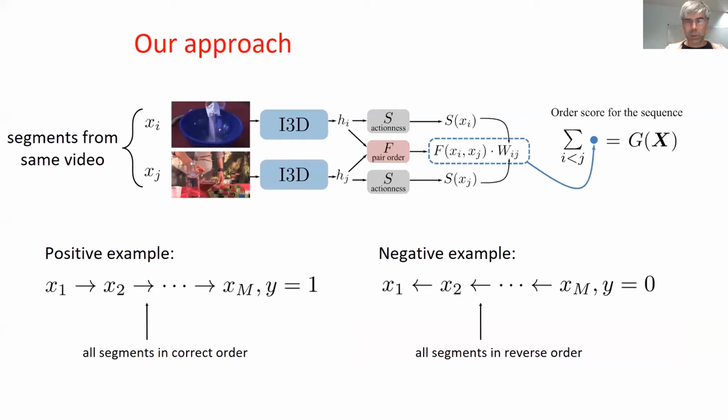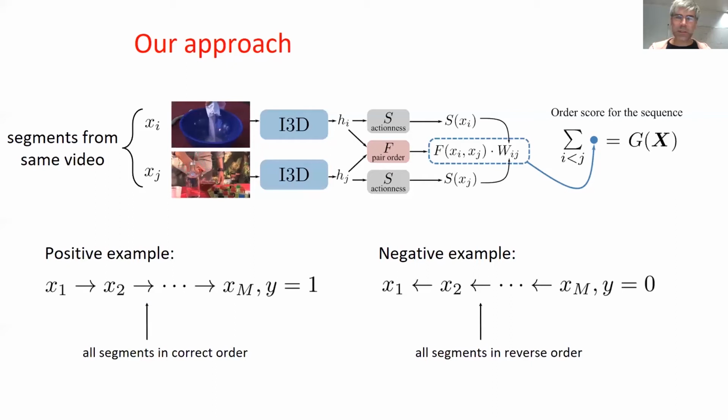So here is a formulation. It's a neural network architecture where we subdivide the video into segments x1, x2, up to xm, and then we randomly sample a pair of segments. We give it to the network with some features. And then there are two things.